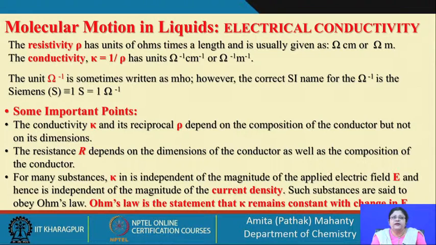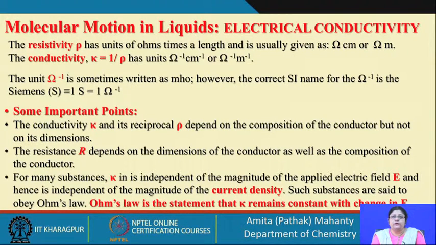Resistivity has a unit of ohms times the length, so it is going to be ohm centimeter. Conductivity is 1 by rho, and hence it is going to be ohm inverse centimeter inverse. The unit rho inverse is also known as mho, or Siemens.